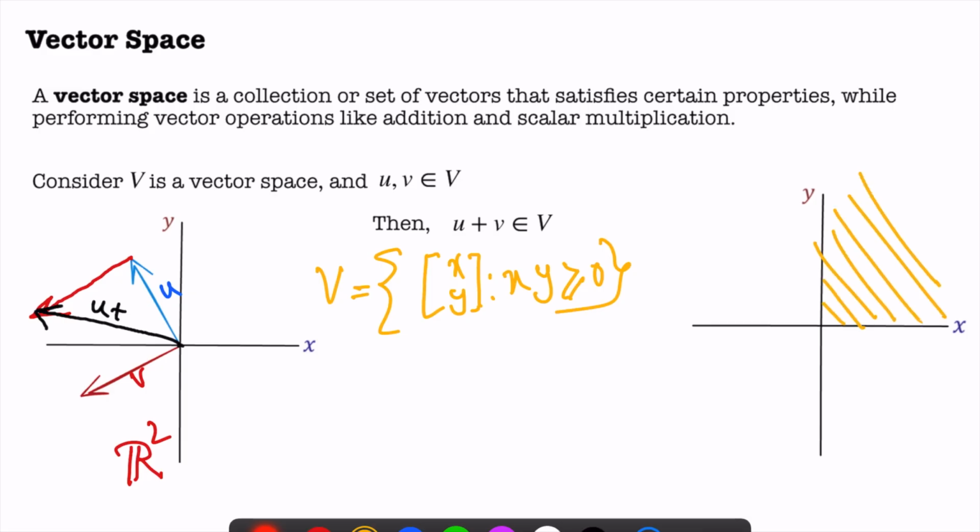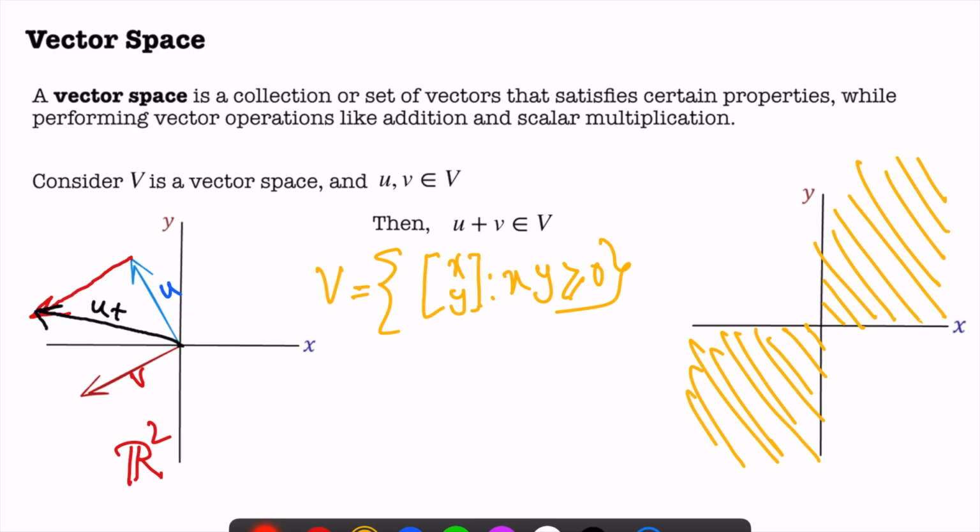So this is the space. Also x, y both can be negative. So this is the space, right? Now let's take two vectors in this set, one is this one and another one is this one.